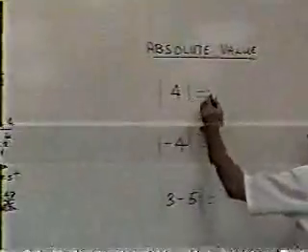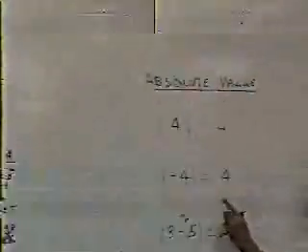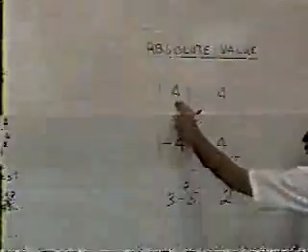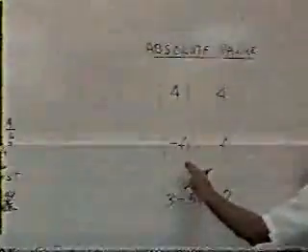What the absolute value says is simply throw away the minus sign and it's the answer. Okay. 3 minus 5 is a minus 2, and therefore the answer is a positive 2. Absolute value in concept is the positive value of the numerical number.